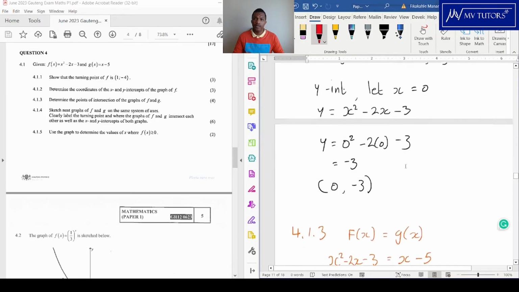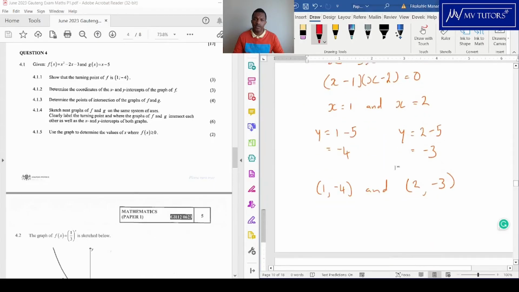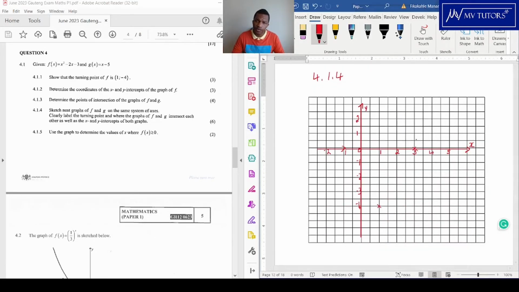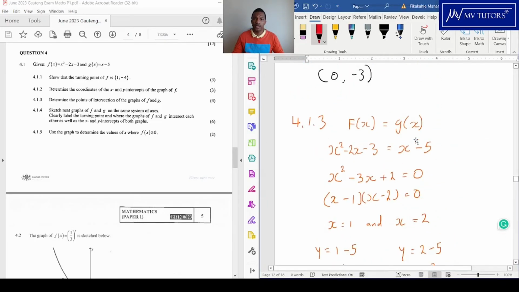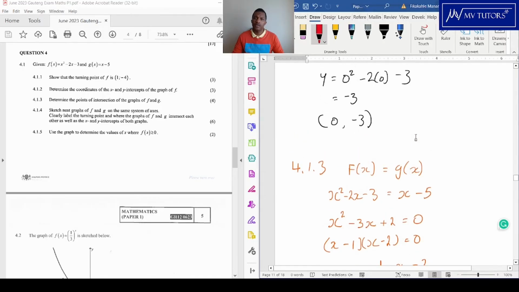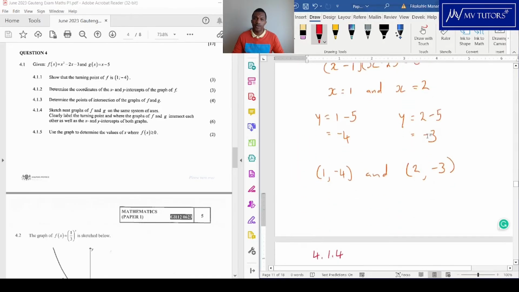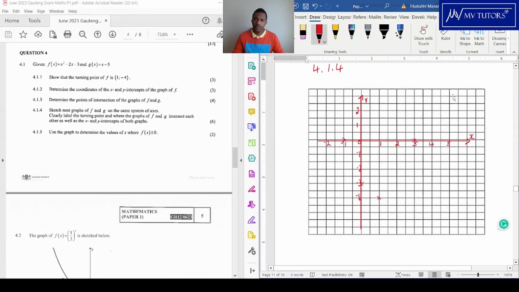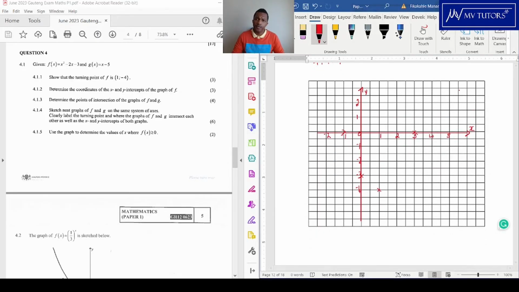And then the y-intercept at 0 and minus 3. So there I'll put a cross. And then the last thing, these were the points where they intersect. Okay, so that was for the graph of f of x.